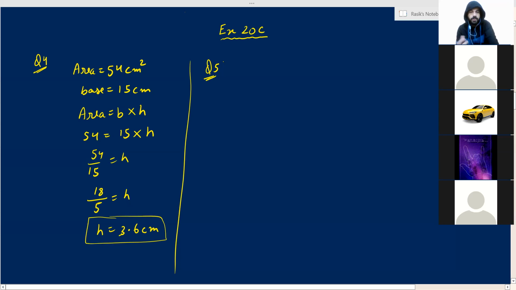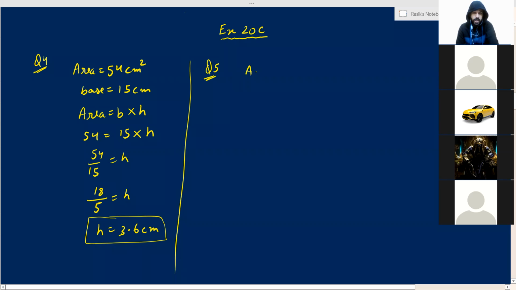They have given the definition of height. Are you getting my point? In the question, they are not directly saying that find out the height, like in the previous question. Here, they are not using the word height, but the meaning is the same. You have to find the height of the parallelogram. Distance between the parallel sides is the height only.